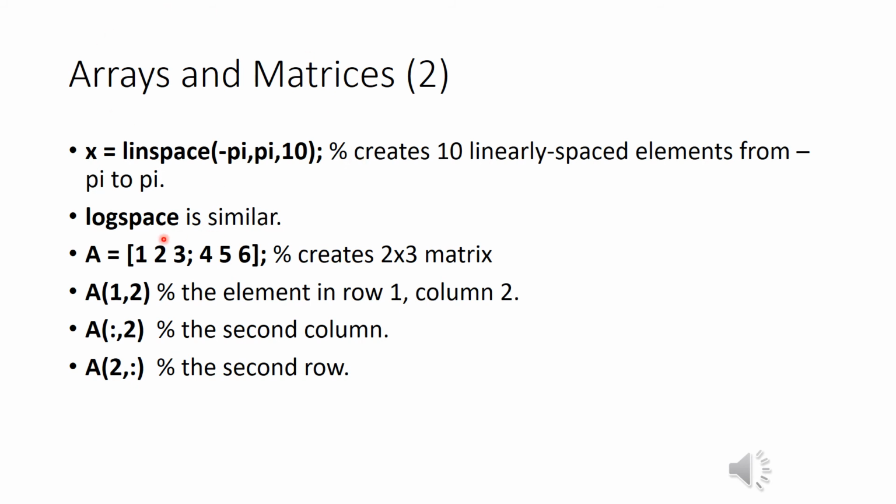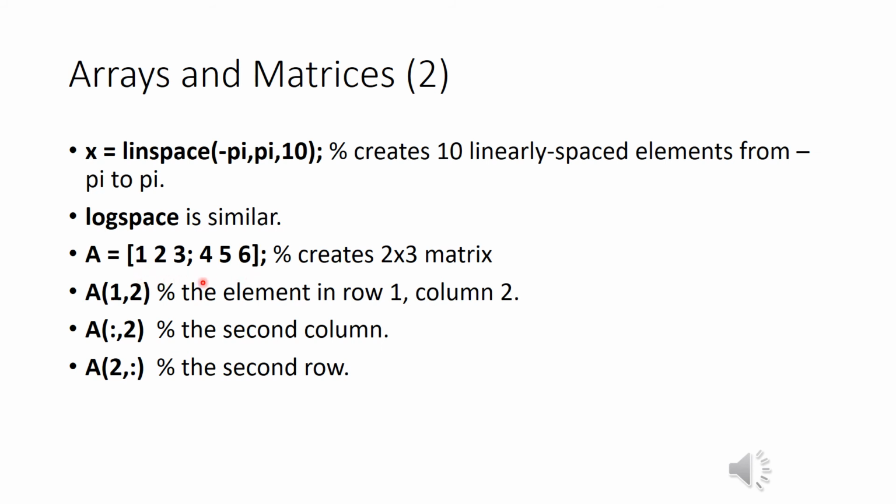Similarly we have another function which is logspace, where you can use your range and also the number of elements, as you do in linspace. Here A is a matrix which has two rows: the first row is 1 2 3 and the other row is 4 5 6.